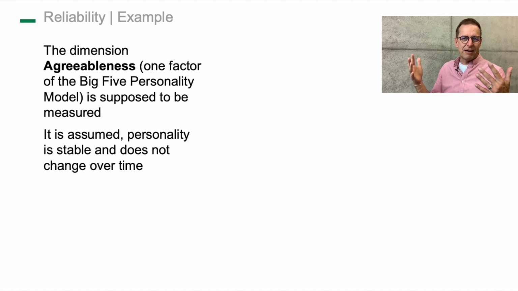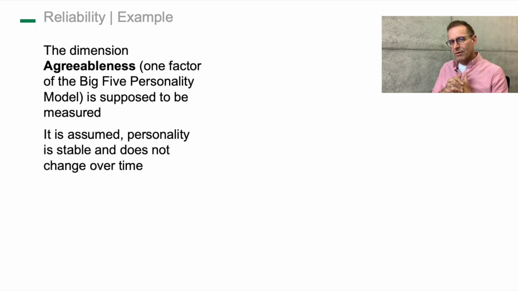This is the big five factor model. We say personality consists of these 5 independent factors, and one factor is agreeableness. Agreeableness means that some people are very high on agreeableness. These are people who tend to put the interests of others over their own interest.